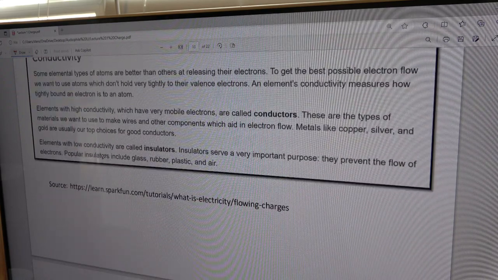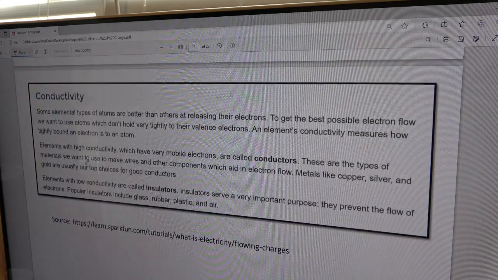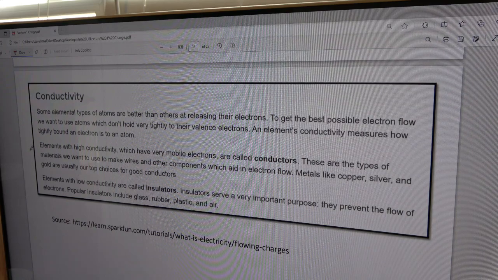Okay, so conductivity. Some atoms are better than others at releasing their electrons. We just talked about that: the ones with valence electrons that have orbits way out there.